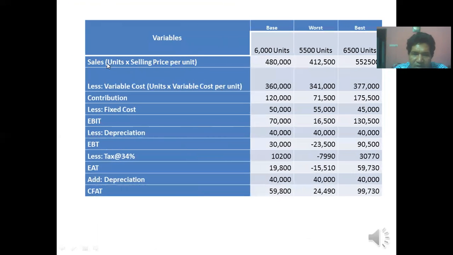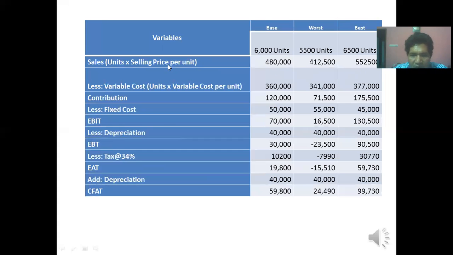The variables: sales unit, you already saw 6,000 units in the base condition, worst condition 5,500 units, in the best condition 6,500 units. Selling price per unit 80, 75, 85.